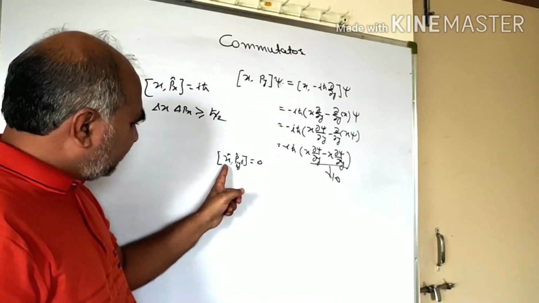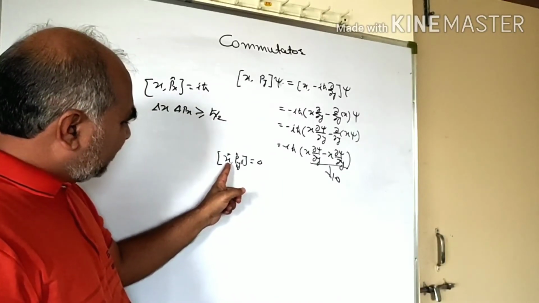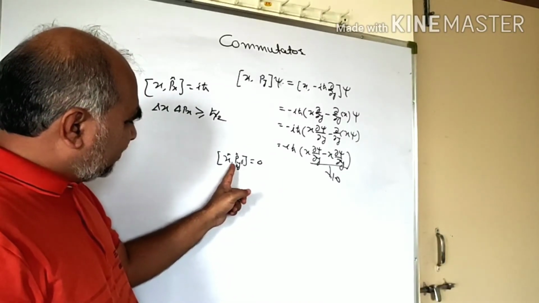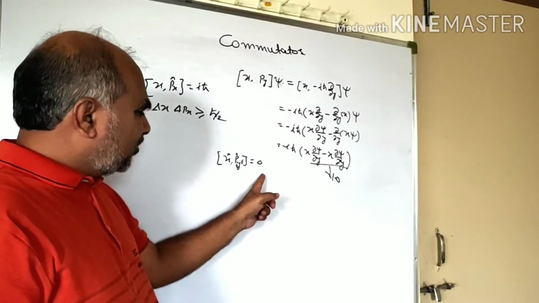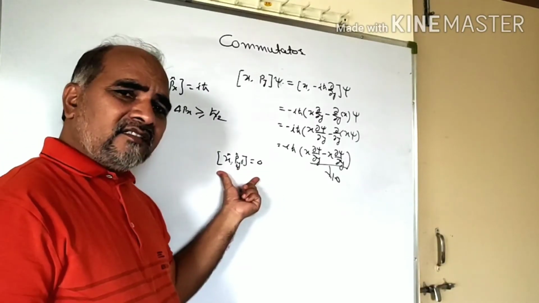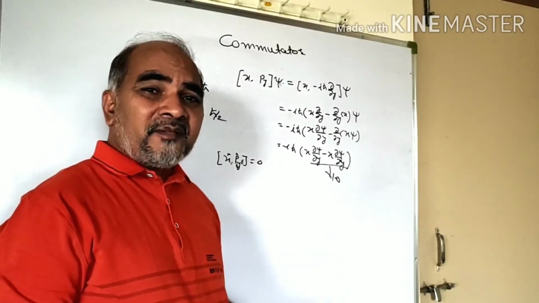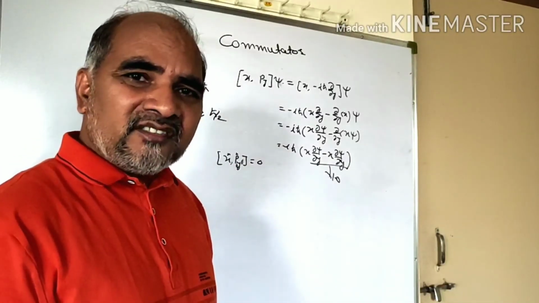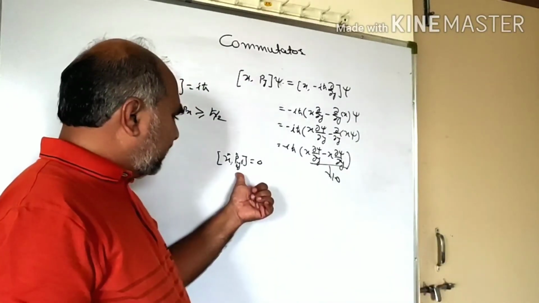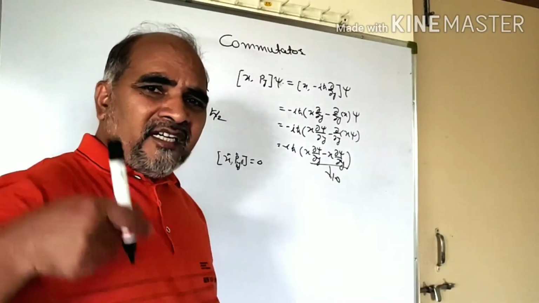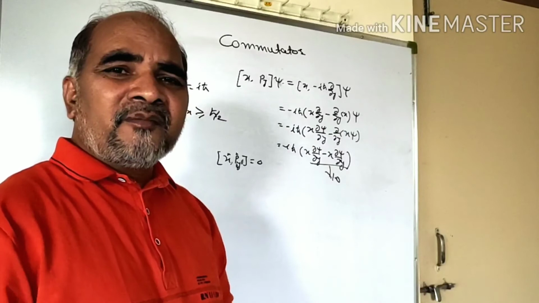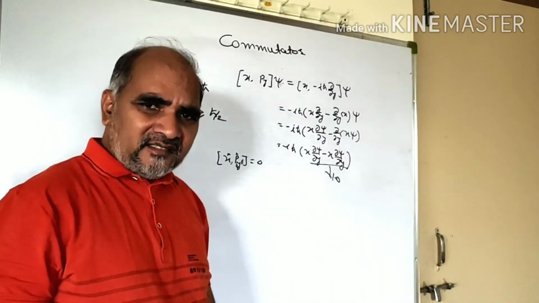And when [x, py] is equal to 0, it shows that x we can measure as precisely as we want, and py, the momentum along y, we can also measure precisely and accurately.